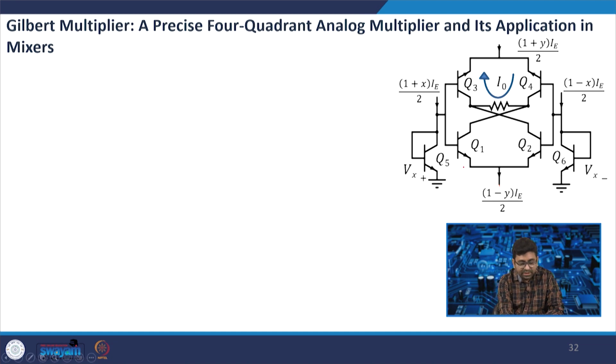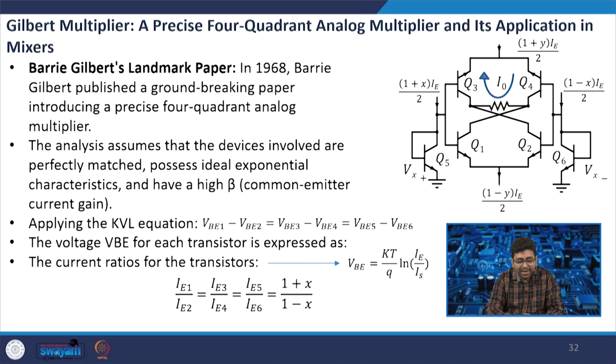It was Barry Gilbert who, in 1968, published this very landmark and highly cited groundbreaking paper introducing this 4-quadrant analog multiplier. He has used the BJT, so you can see the NPN transistors, and in the same way we can also discuss how to realize it with the MOSFET.